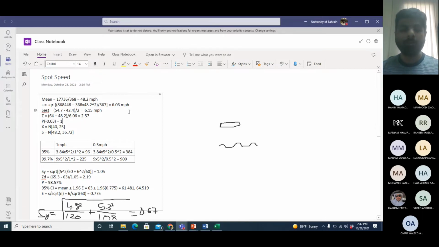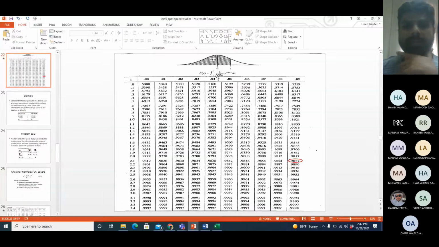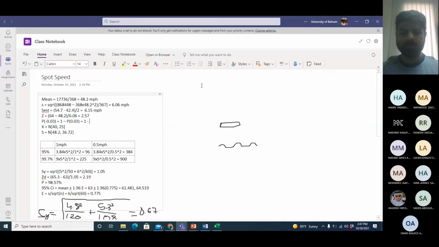I'll take the probability of plus and I will subtract it from 1. So 1 minus 0.5120 will give you 0.4980. Okay, so this is the probability of minus 0.03.